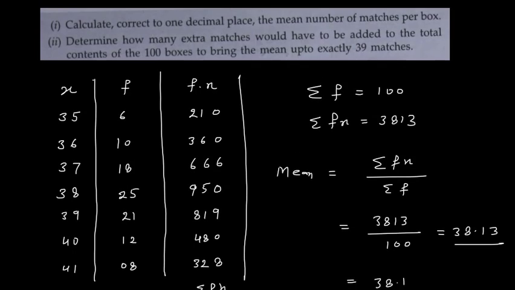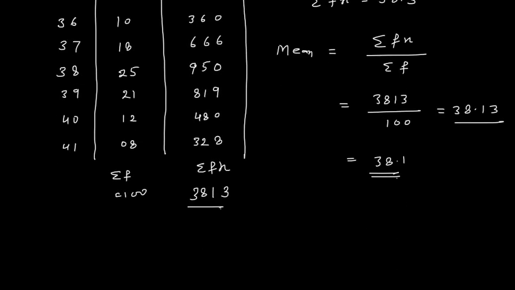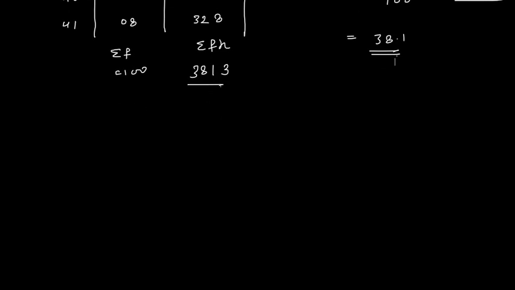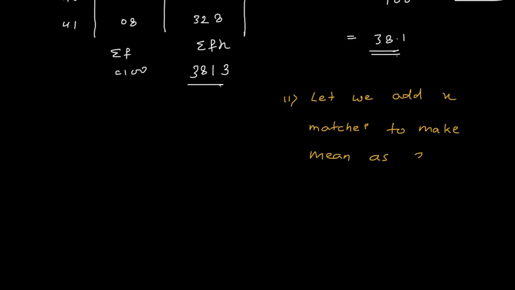Okay, determine how many extra matches would have to be added to the total content of 100 matches to bring the mean up to exactly 39 matches. Now this is the first part. Now for the second part, I will say let us add x matches to make the mean as 39.